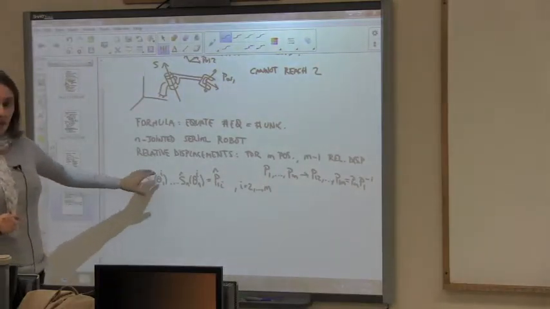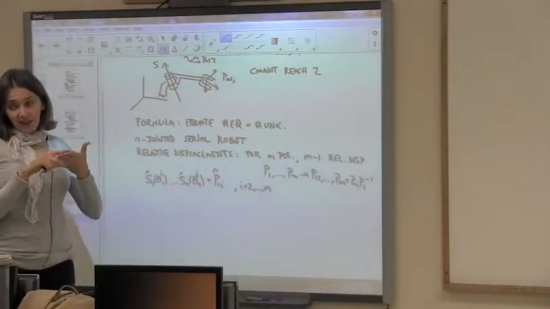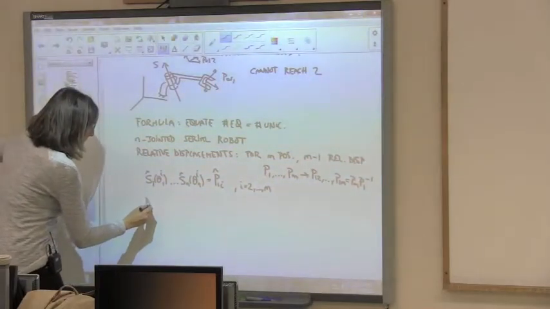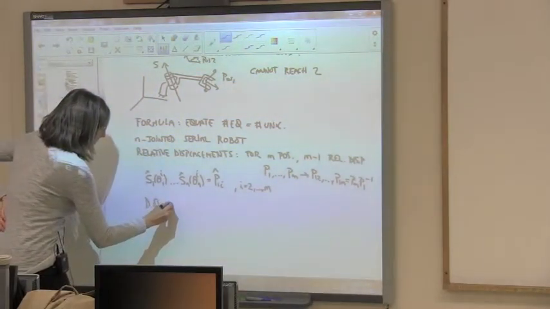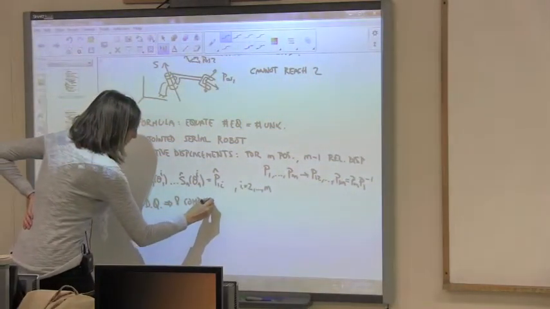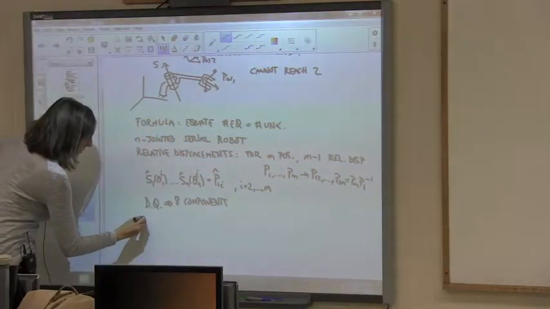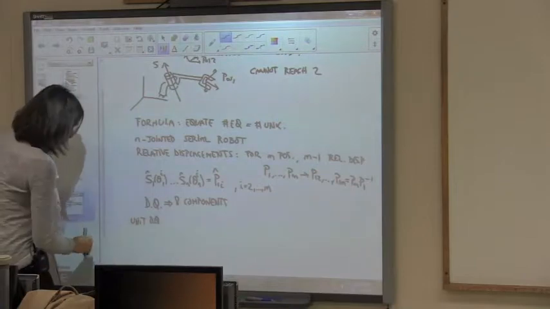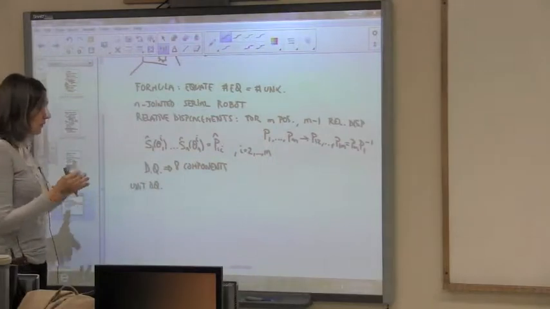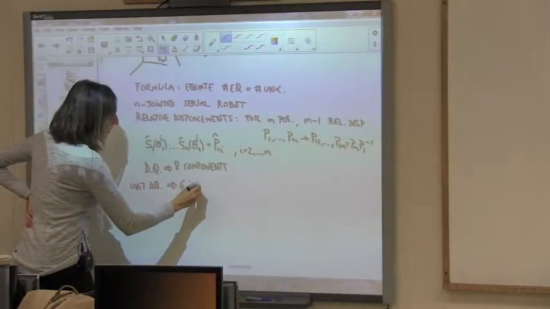Now each of these is a forward kinematic, which means this is a displacement, and if it's a dual quaternion, it has 8 components, right? But we know that for it to be a unit dual quaternion, which means it's a displacement, we have 2 constraints in there. It has to be unit, and the first times the second has to be equal to 0. Then 6 independent components, and those are the ones that count.